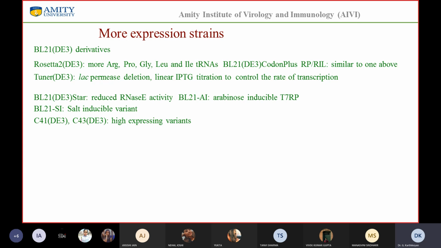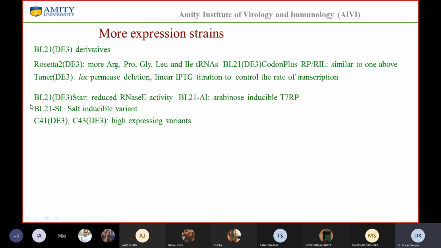Unlike in these strains, whether it is BL21 DE3 or Rosetta or codon plus, where once you add IPTG it's going to continuously transcribe T7 RNA polymerase, in Tuner you can choose how much transcription needs to be there by titrating the IPTG levels.